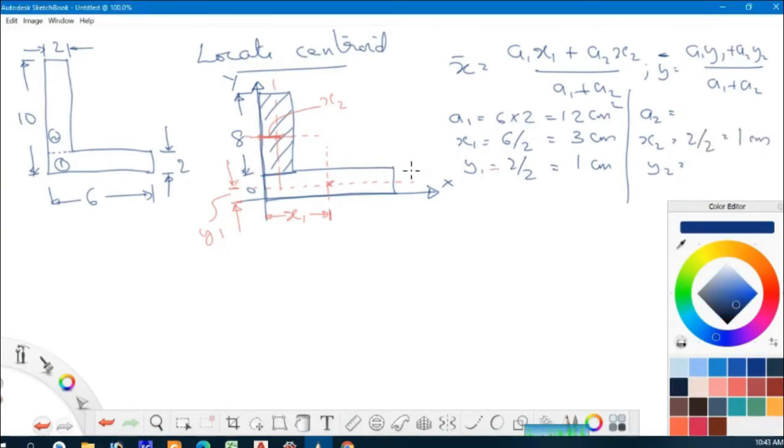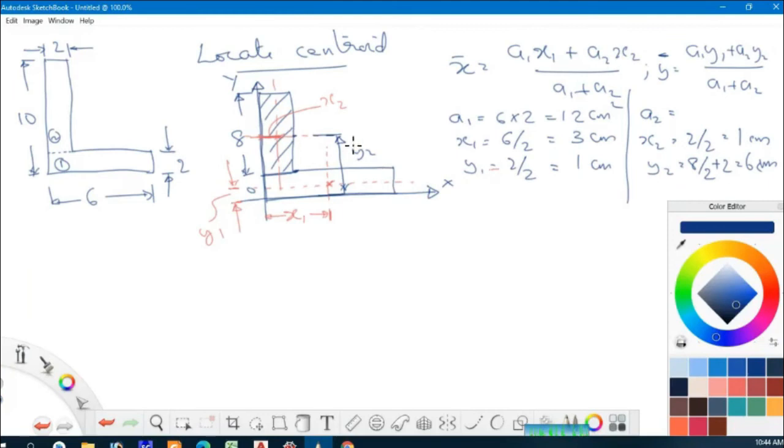centimeter, and what is the distance y2? This distance is y2. The centroid of this rectangle, from this point up to this point, is 8 by 2, which is 4, plus 2, equal to 6 centimeters.